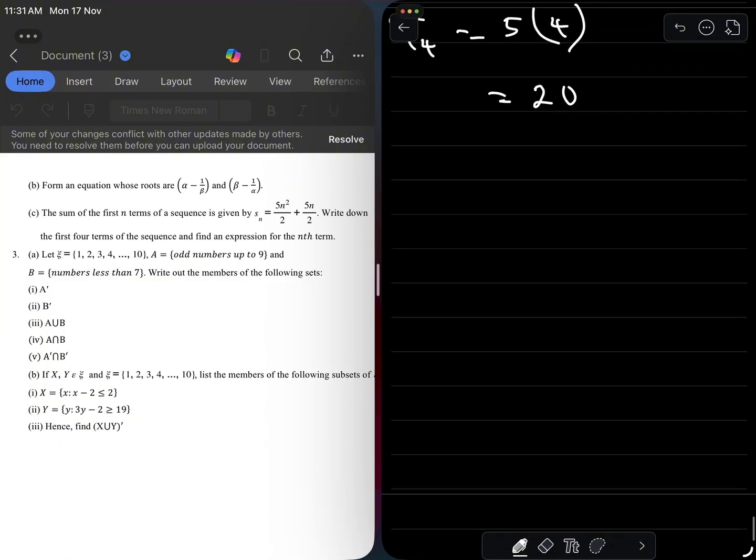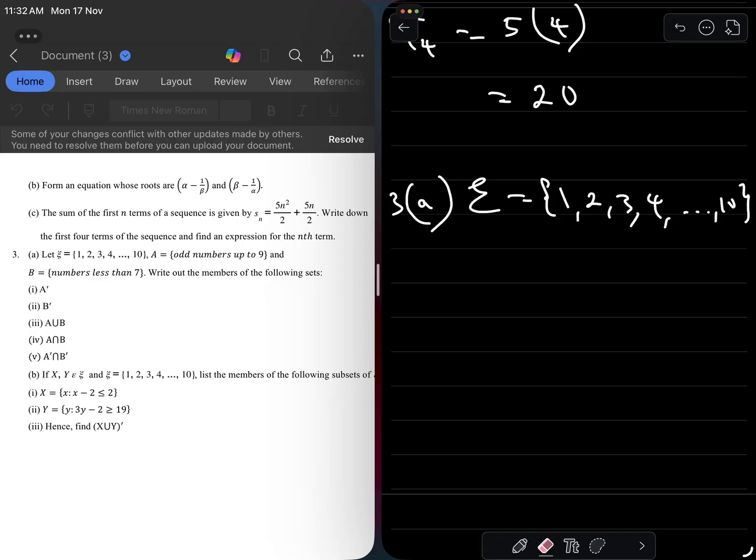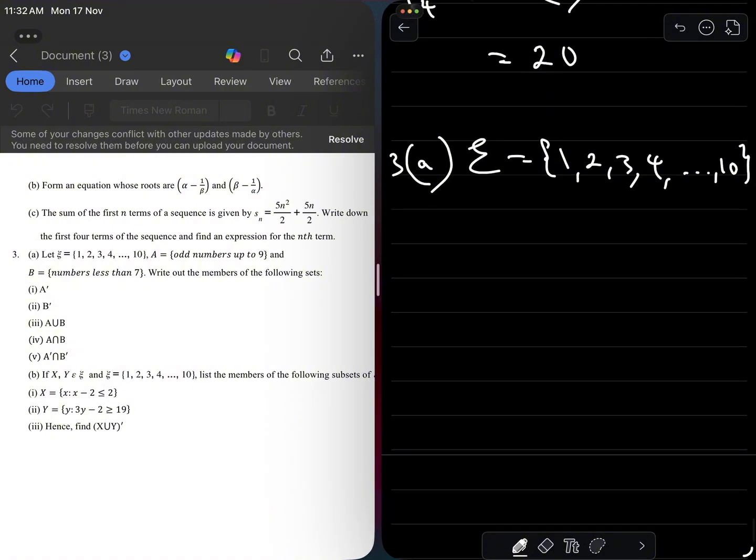Go to number 3, question 3A. Let E, the universal set E, have elements 1, 2, 3, 4 up to 10, and set A has elements which are odd numbers up to 9.